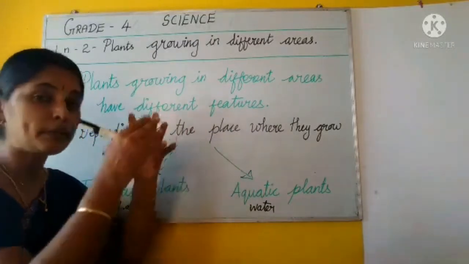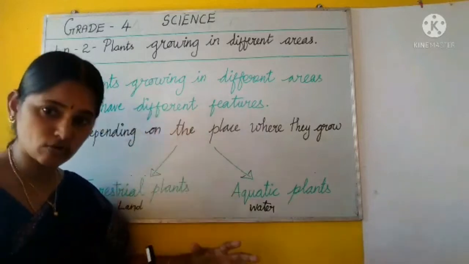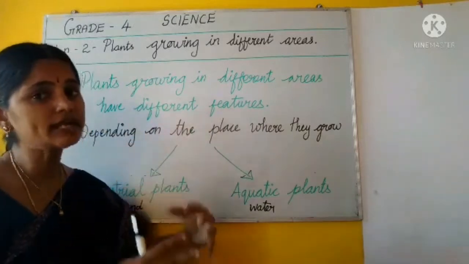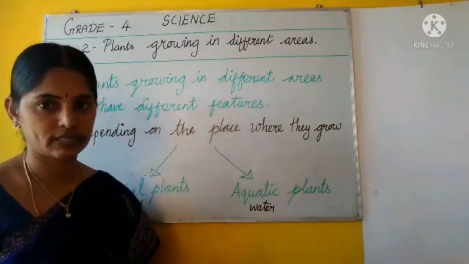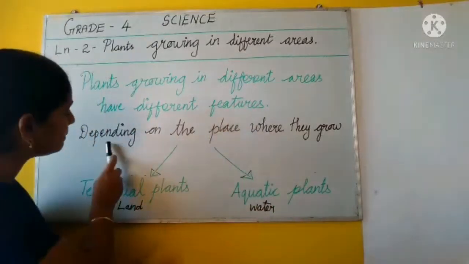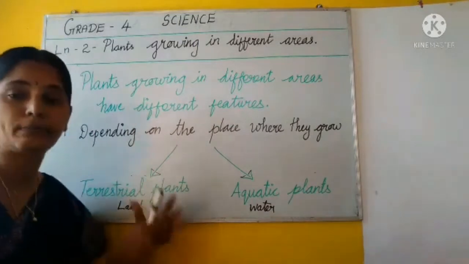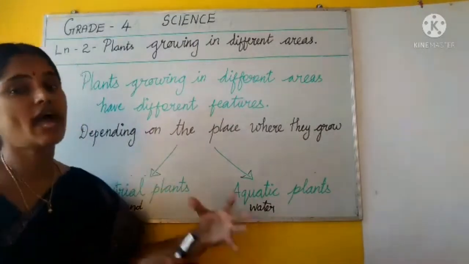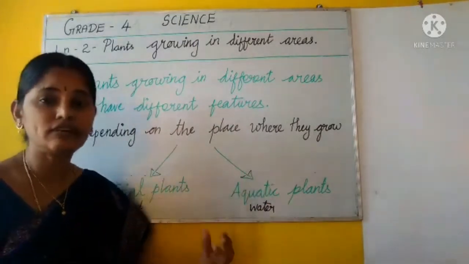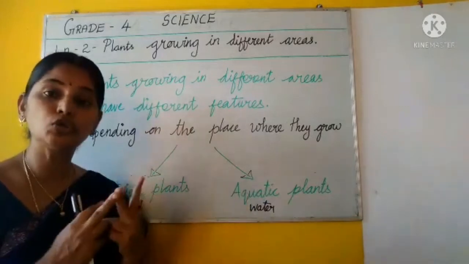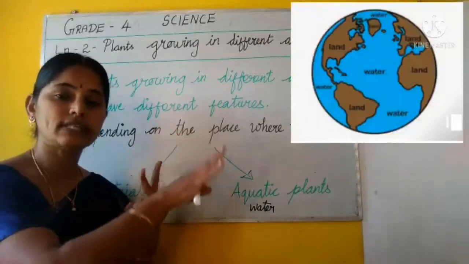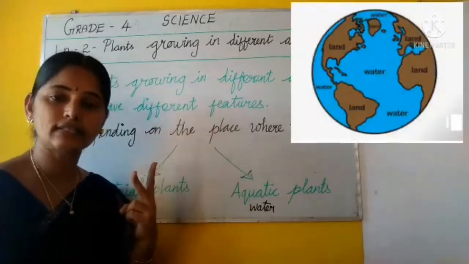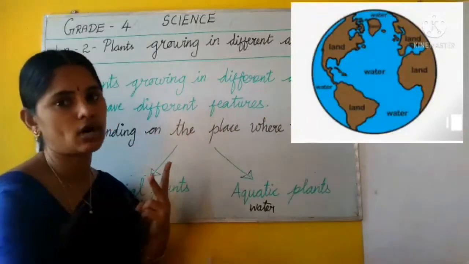Depending on the place where they grow, we can divide the plants into two main groups. In this world, the two main areas are land and water.